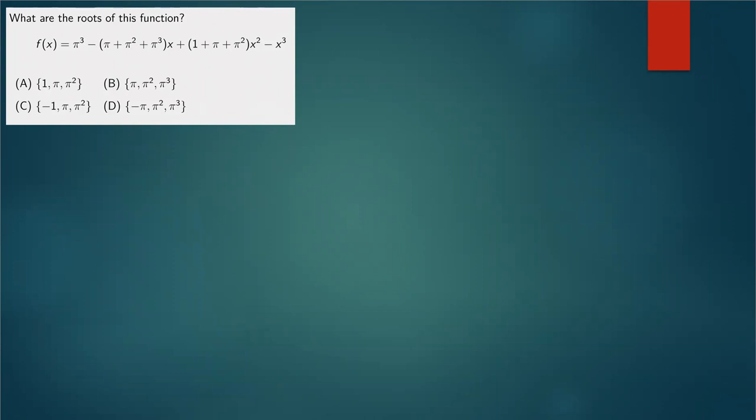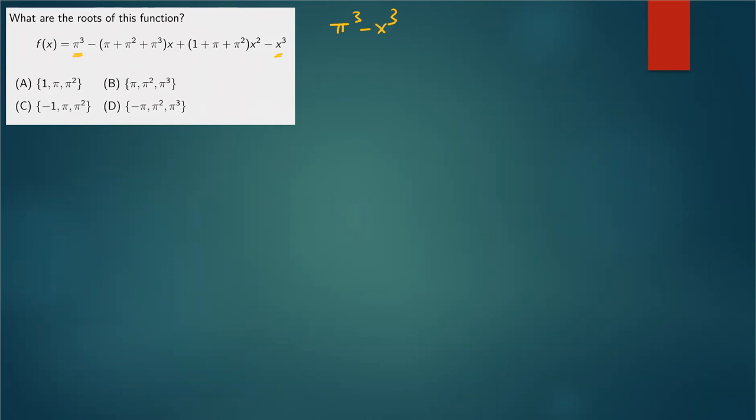So I will start by grouping pi cubed and x cubed. This yields the famous expression of the difference of two cubes. So let's write that in order. Pi cubed minus x cubed, consider that a group, and the rest are another group.